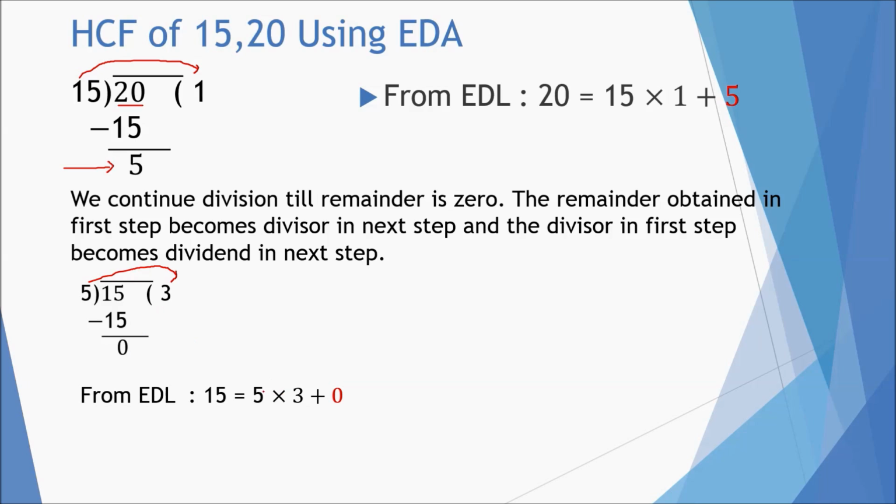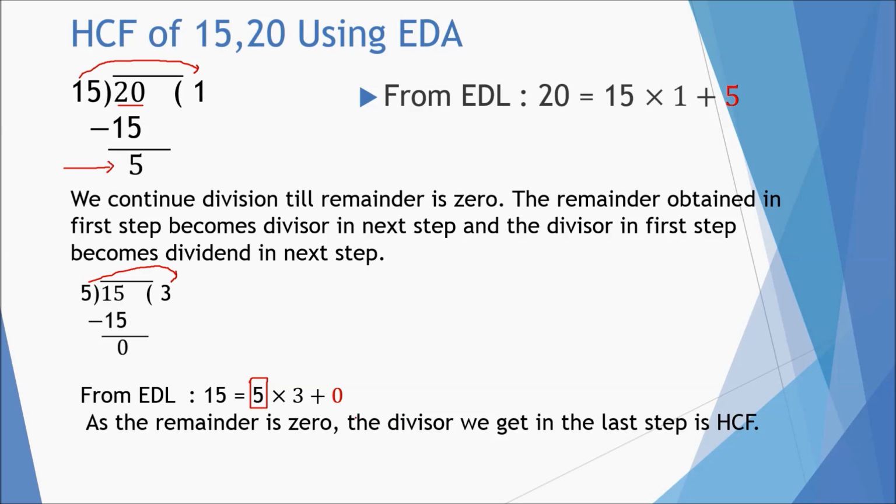The divisor here is the HCF of these two numbers. As the remainder is 0, the divisor we get in the last step is the HCF. This series of steps is called Euclid's division algorithm. This is the technique to calculate the HCF of two numbers.